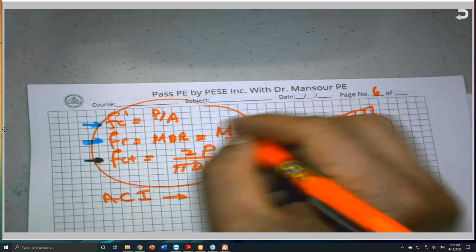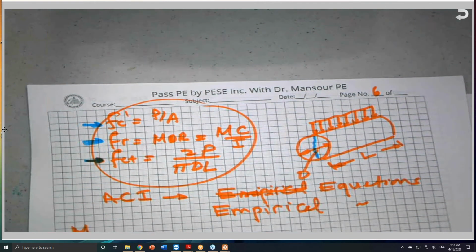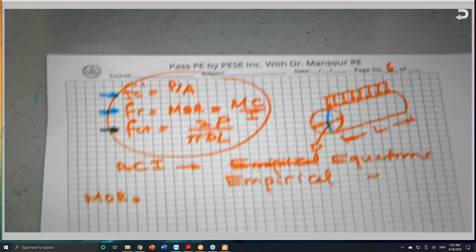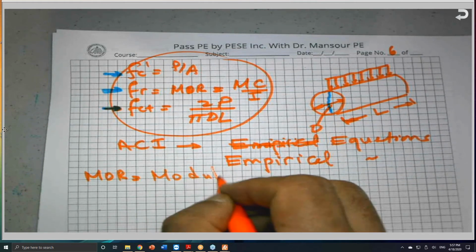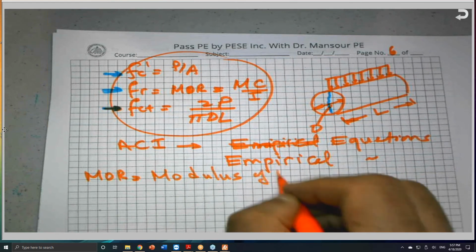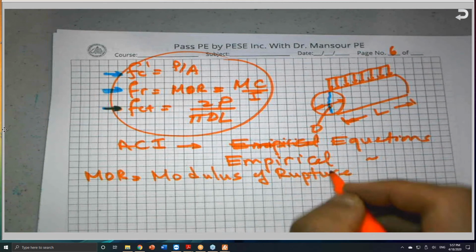One of the empirical formulas we can use to estimate the MOR, by the way, it stands for modulus of rupture.